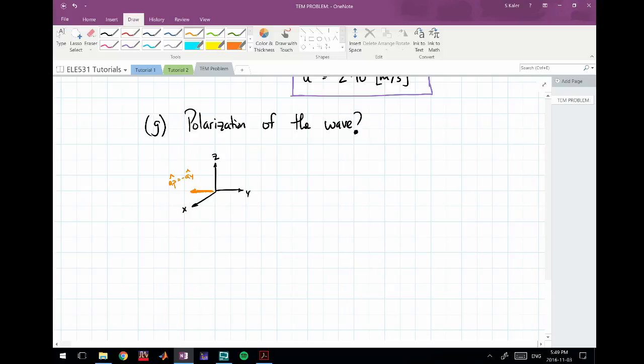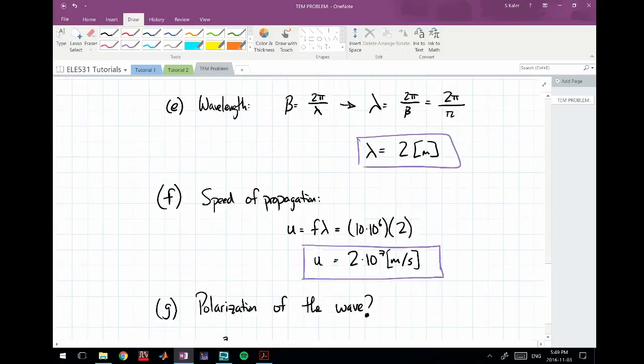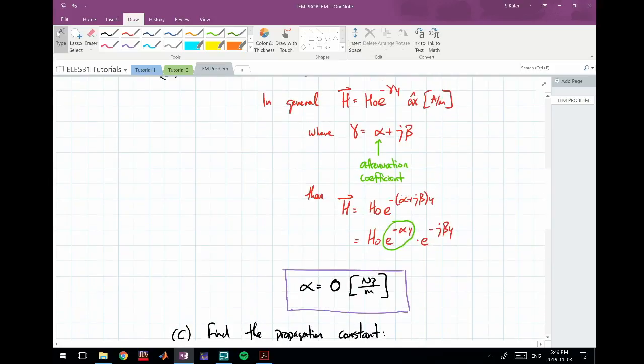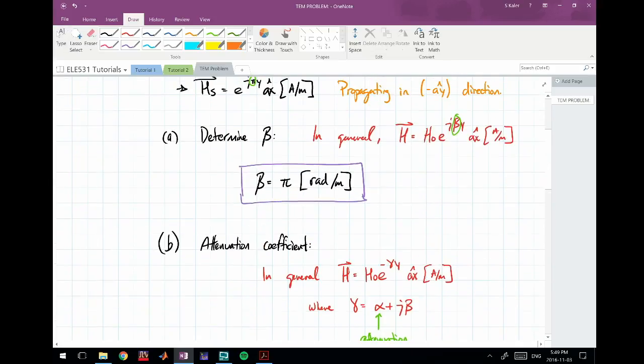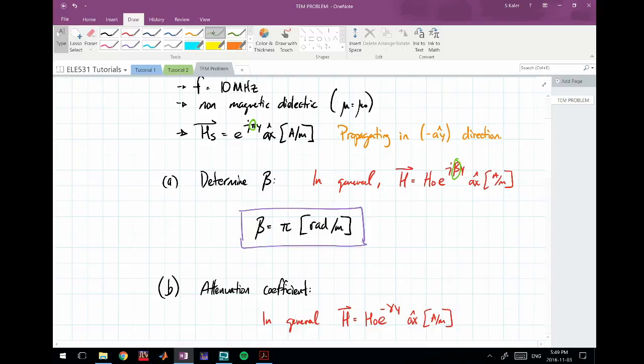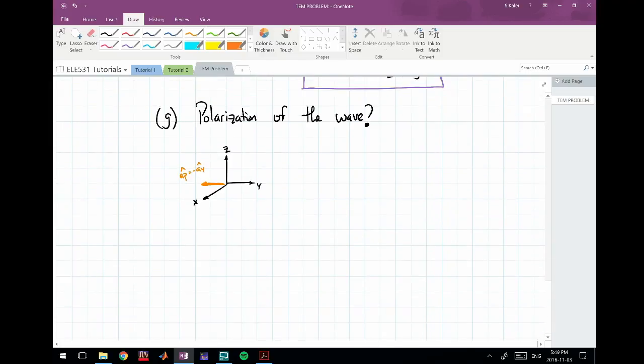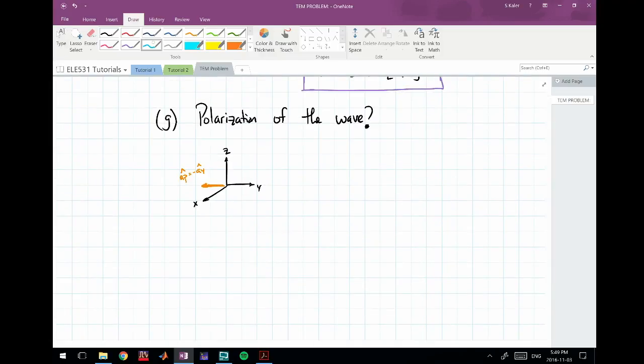and going back to our expression, we know that HS is oscillating, or is entirely a function of x. So let's get that in there as well. And so this is the direction of HS.